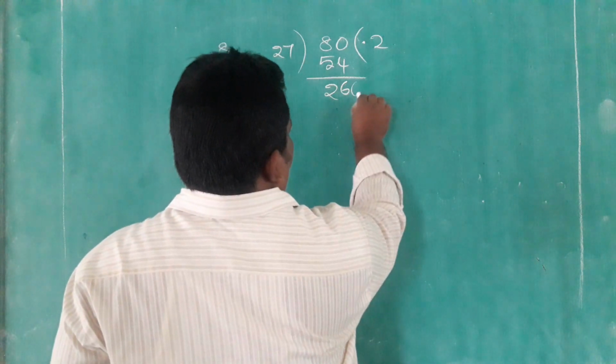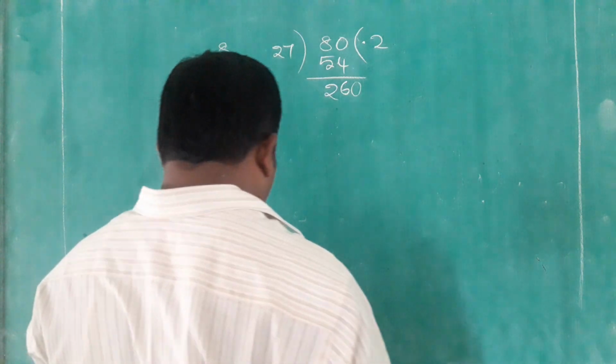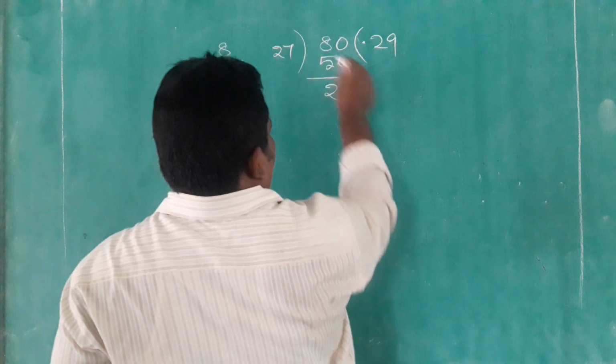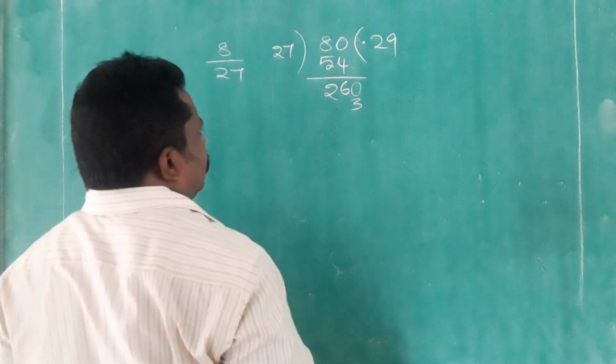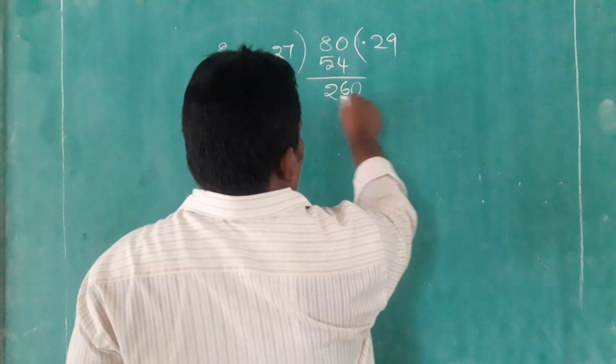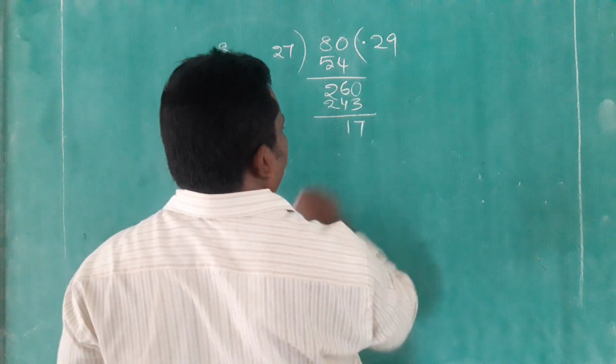Now keep the 0 and here 27 how many times? I think 9 times. Okay, 9 sevens are 63, 9 twos are 18, and 6 is 24, 243. Okay, 170.